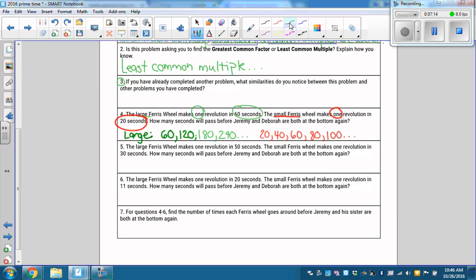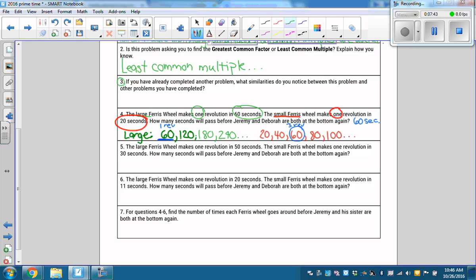So after 60 seconds, when Jeremy has only gone around 1 revolution, 1 time around, Deborah has gone around 3 revolutions, but they are both at the bottom. So after 60 seconds, they will both be at the bottom for the first time.